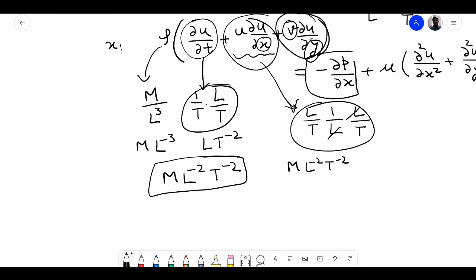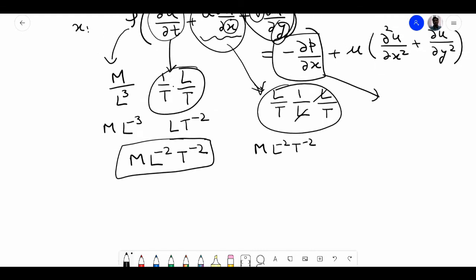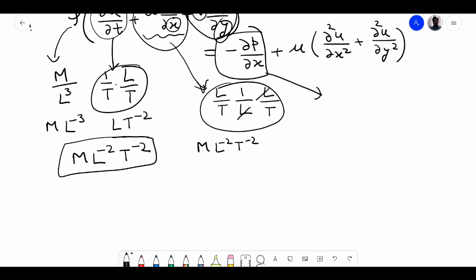Now what is the dimension of this term? Minus dou p by dou x. Dou by dou x is 1 by L. What is pressure? Pressure is force per unit area. We'll write the dimensions for force. Let us write for area first. L square, that is area. Force per unit area, so it is 1 by area. So we have written 1 by L square. Now the dimension for force. What is force? Force can be written as mass times acceleration.